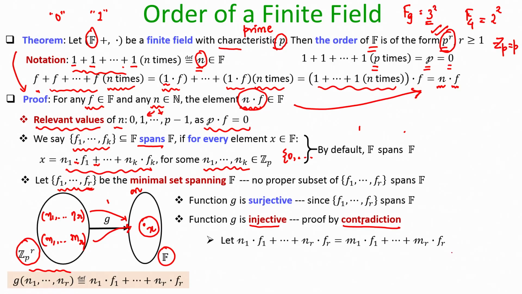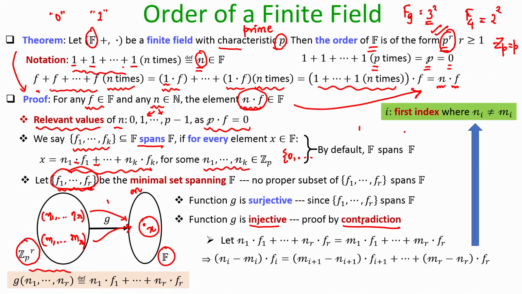Basically, I will try to arrive at a contradiction that the collection of R elements which you assumed to be the minimal spanning set is actually not a minimal spanning set. That means, there are some redundant elements which have been added unnecessarily in this collection, which can be simply removed. How do I arrive at that contradiction? Well, what I know about these R tuples is that they are different.